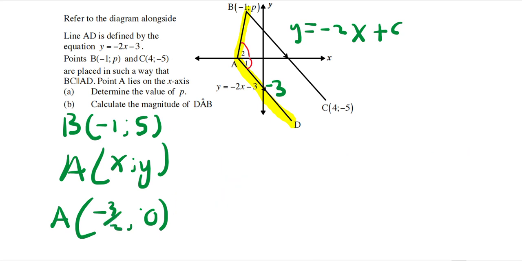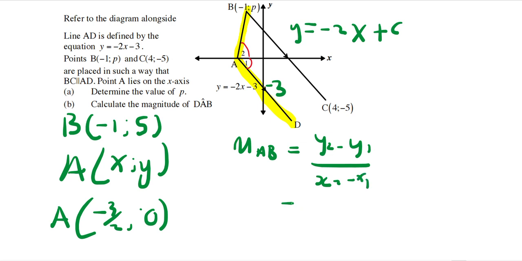Now we just need to find the gradient of this line AB. Remember, the gradient is given by y2 minus y1 over x2 minus x1.